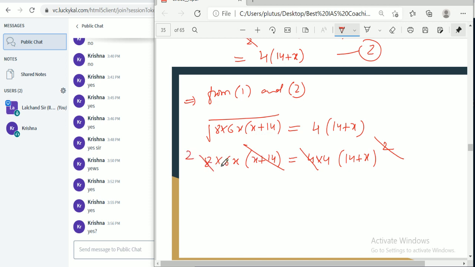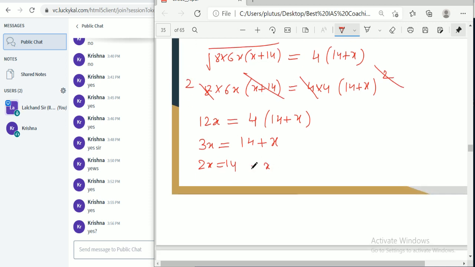So finally we have 12x equal to 14 plus x. So if we divide by 4, then we have 3x equal to 14 plus x. So finally we have 2x equal to 14, and this implies the value of x is equal to 7 centimeter.